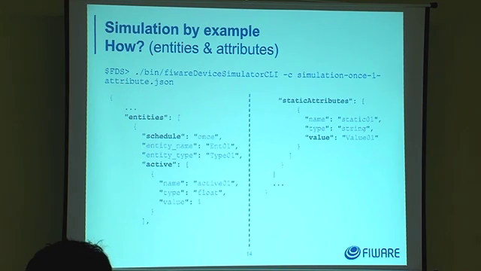We use this kind of schedule typically to load initial data into our context broker, into our demo scenario. With this schedule property, there are another two ones, the active and the static attributes.